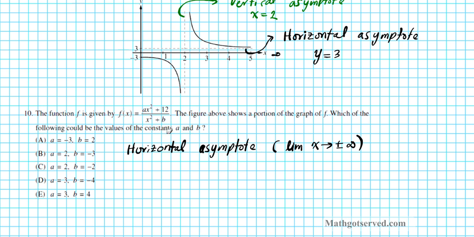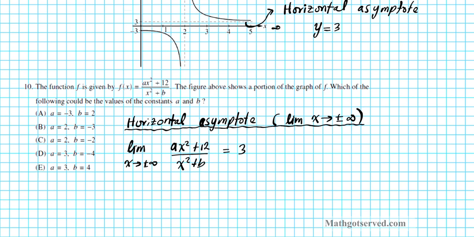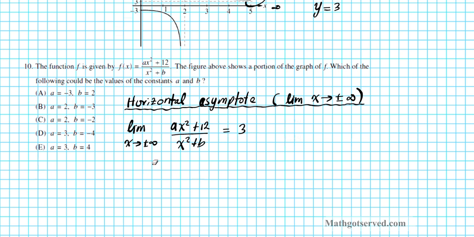We know that the horizontal asymptote is y equals 3. So if we find the limit as x approaches plus or minus infinity of the function ax squared plus 12 divided by x squared plus b, our answer should be 3. Let's go ahead and solve this limit equation. How do you find the limit as x approaches infinity or negative infinity?